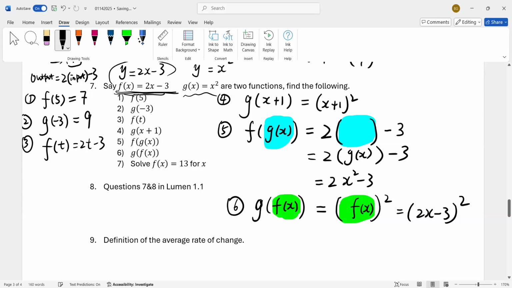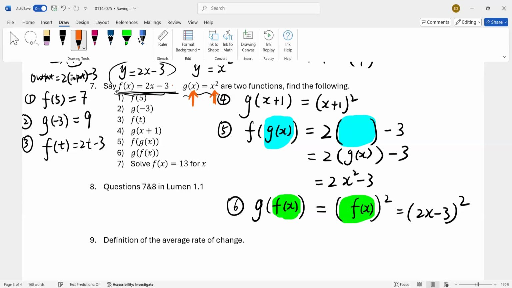Machine g always produces the output as the square of any given input because it says g of x equals x squared, right? So as you can see here, x is the input, and the output would be putting a square on the input.